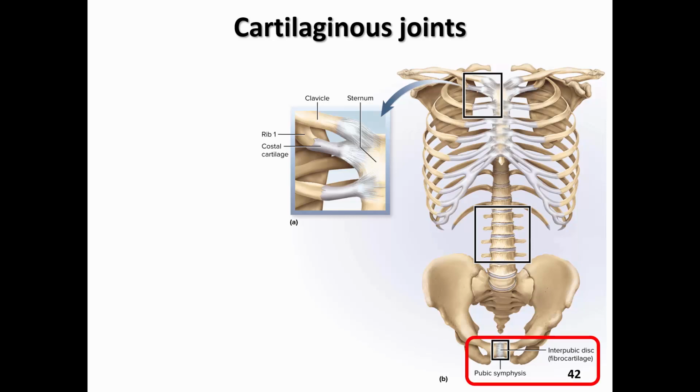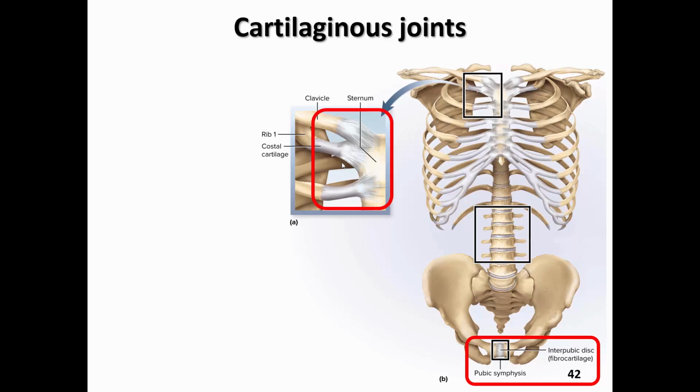Cartilaginous joints, there are two types here, and as highlighted at the very bottom of the slide, here you see the pubic symphysis, which we'll talk a little bit more about. The pubic symphysis just refers to the joint on the anterior inferior side of the two pelvic bones that is connected by a fibrocartilaginous disc.